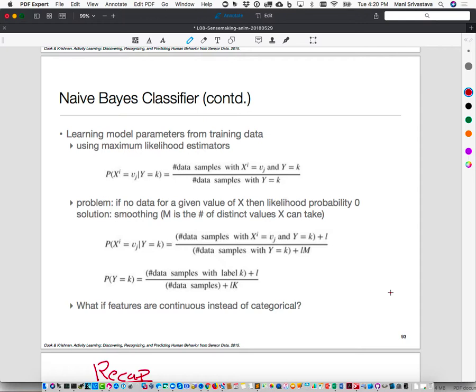I toss it again, get a head. Toss it again. Each one of these provides some evidence about the nature of the coin, because the coin could potentially be biased. So I started out with a uniform distribution, but each observation is leading me to a different distribution, where if I see the first 100 heads in a row, I may say maybe there's something wrong with this thing.